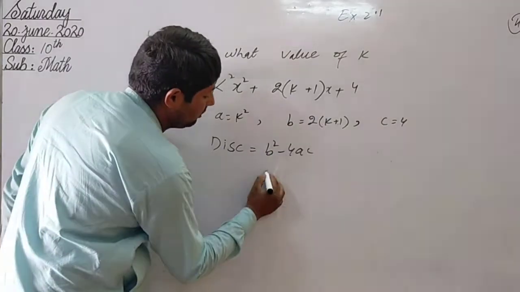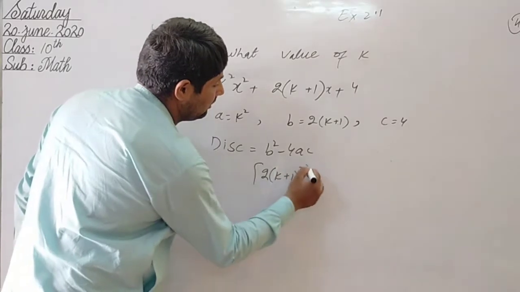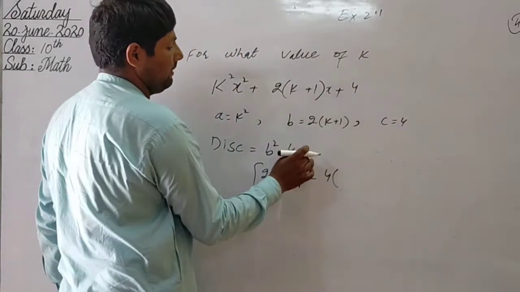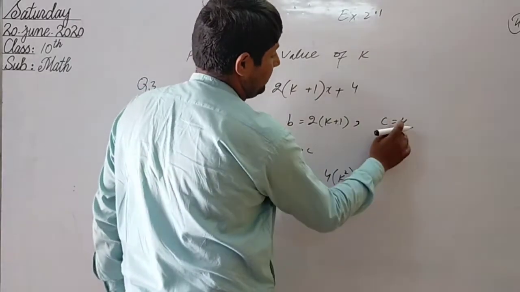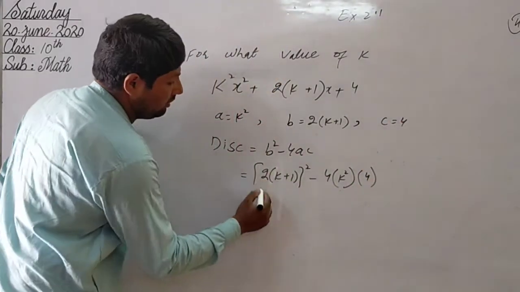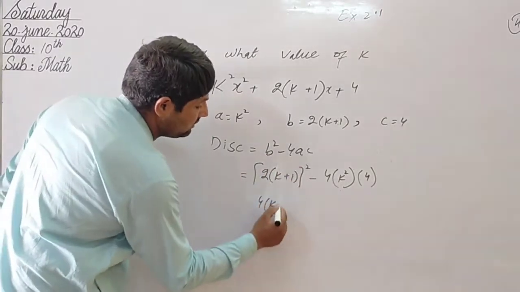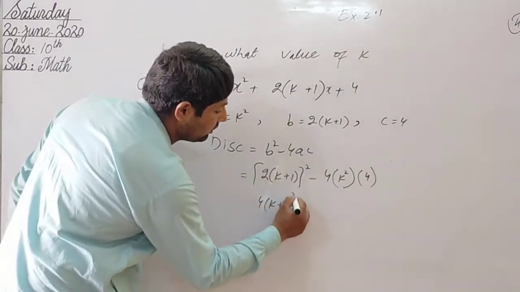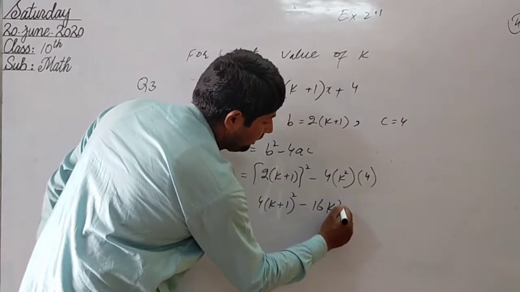The value of b is 2 into (k plus 1) whole square, minus 4 into a, which is k square, and c is equal to 4. The square of 2 is 4, and the square is on (k plus 1) whole square, minus 4 times 4, which is 16, into k square.